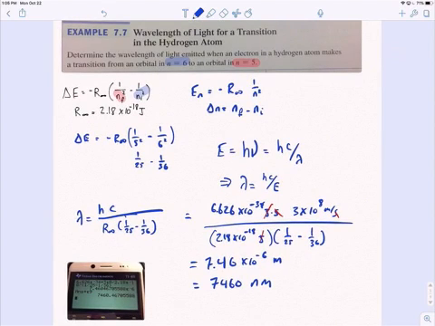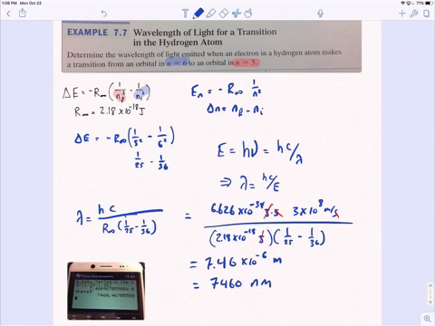So, tough problem. Recap. We have our equation here. The change in energy for the electron is minus the Rydberg constant times 1 over n final squared minus 1 over n initial squared. That just comes from the final minus initial, from the Schrodinger wave equation, the hydrogen atom solution of that.